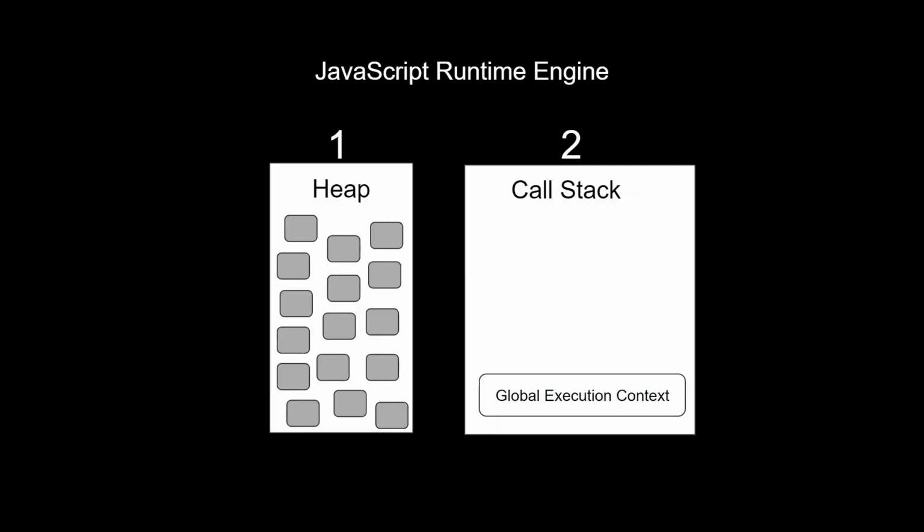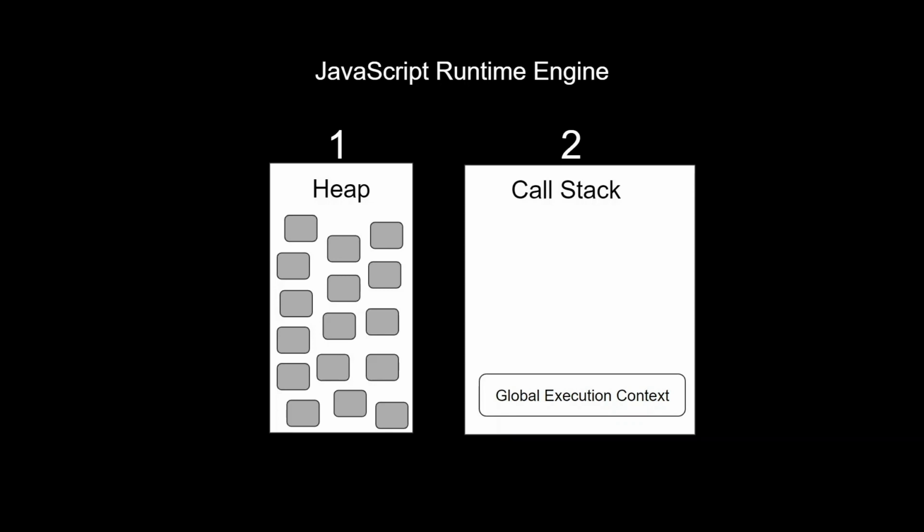When synchronous code execution happens, what is actually happening under the hood? Under the hood, the JavaScript runtime engine consists of two parts. The first part is the heap, where the memory allocation happens, and the second part is the call stack, which is a single thread that the JavaScript engine uses in order to execute the JavaScript code.